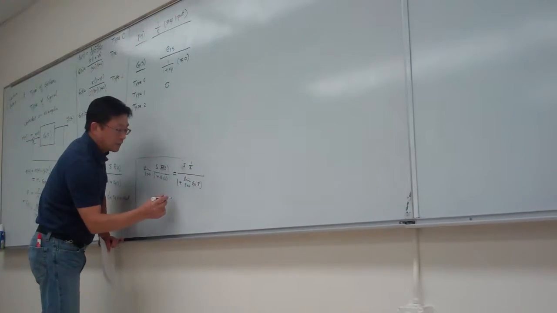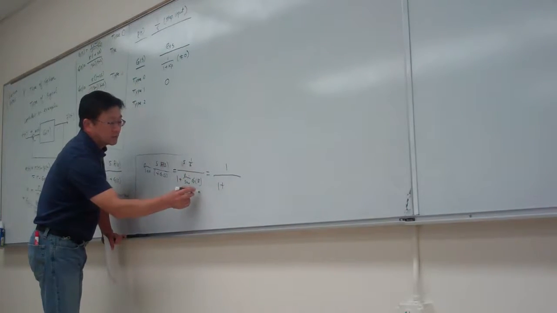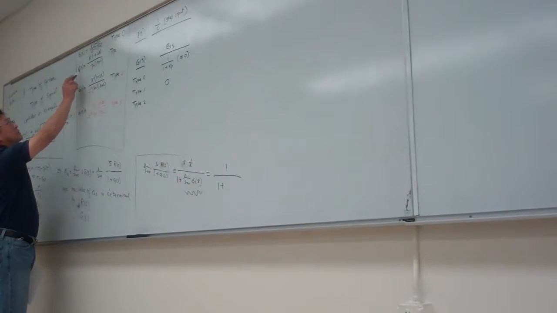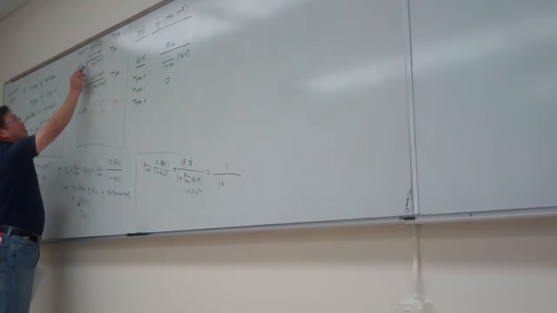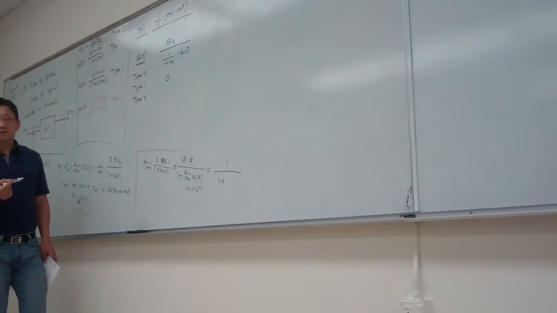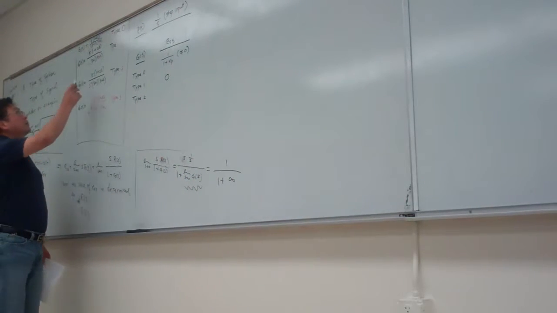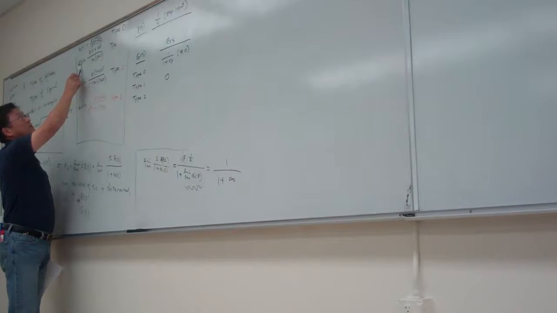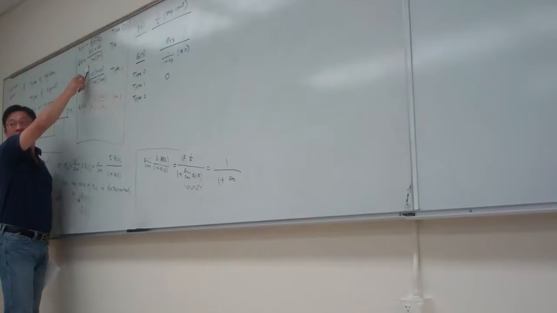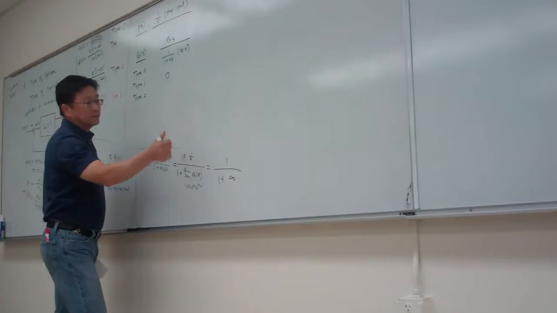So this one becomes 1 plus infinity. For a type 1 system, we simply calculate the limit as S approaches 0 of this term, so that is infinity. We calculate this value at S equal to 0 because of the pole at the origin. So here it is going to 0.